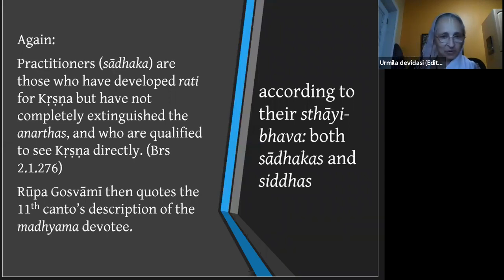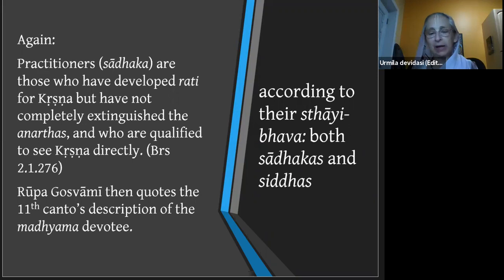And to remind everybody that Rupa did put sadhakas who still have anarthas, quoting the 11th canto description of the Madhyama devotee, as also in this category. There's some implication, therefore, that one can understand one's staiba, one's basic connection with Krishna, as a sadhaka. And in fact, as we explained earlier, in order to practice Raganuga sadhana, one has to have some idea of one's basic connection with Krishna.